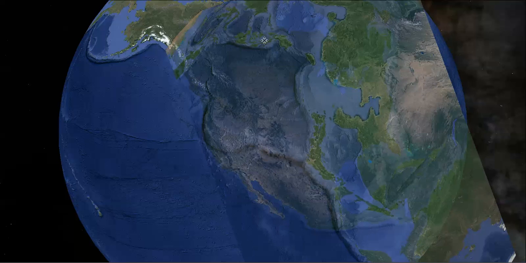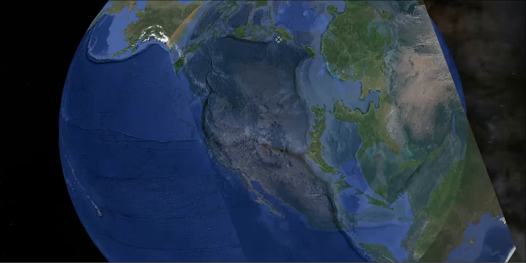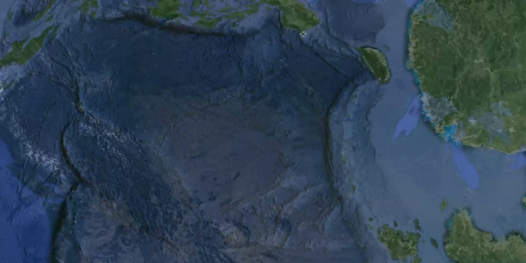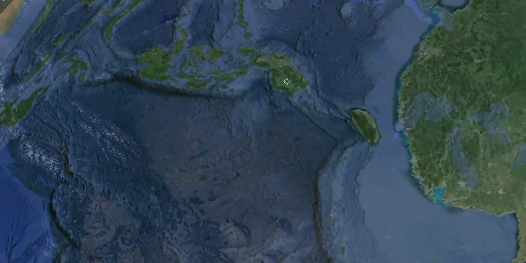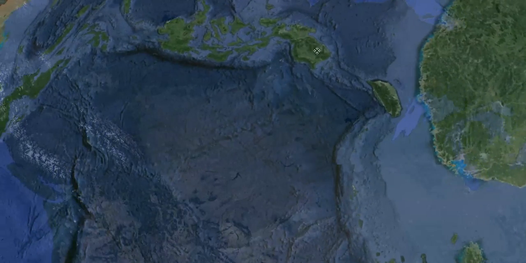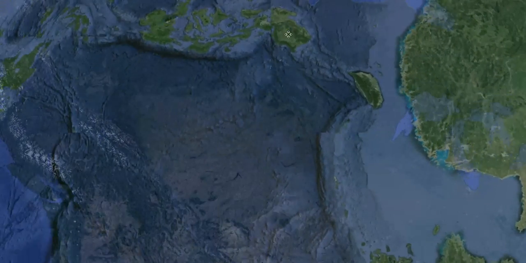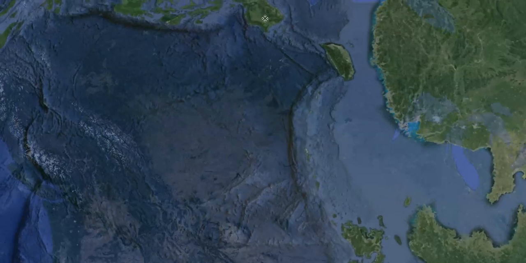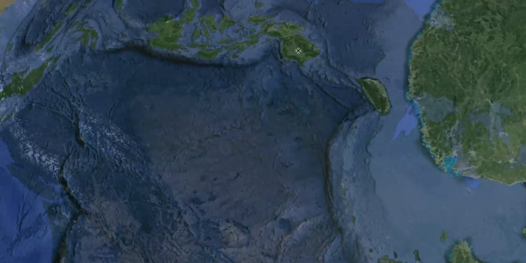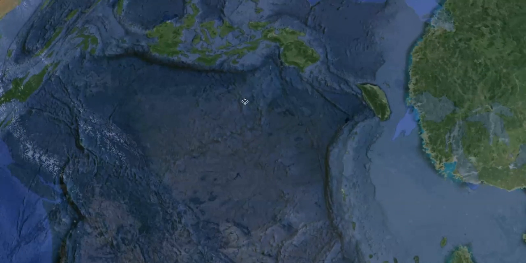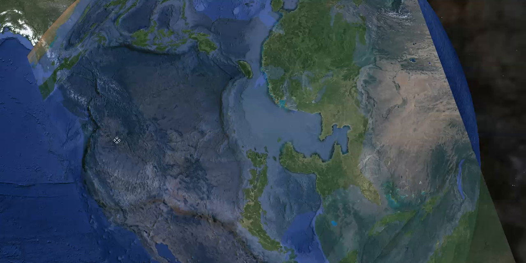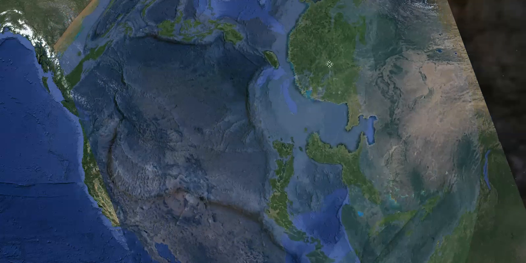And then if you look at the right here, you see that this just does line up, and this defies plate tectonics.